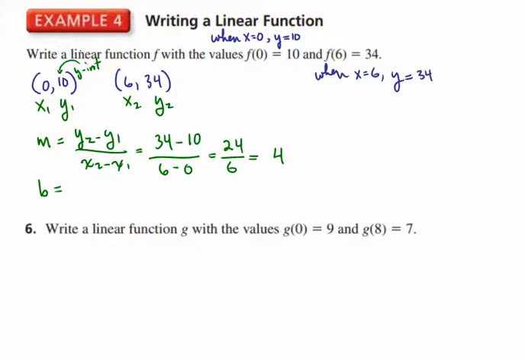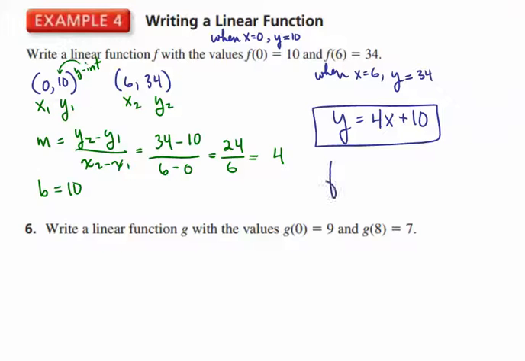It is 10. And now we can construct y equals 4x, slope times x, plus the y-intercept. And this can also be written as a function as f of x is equal to 4x plus 10.